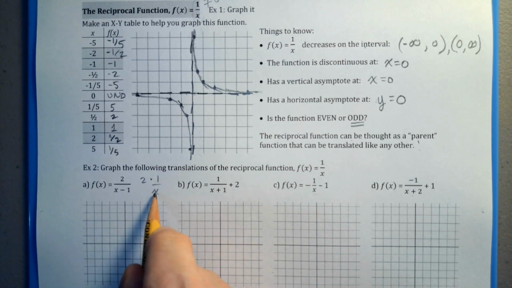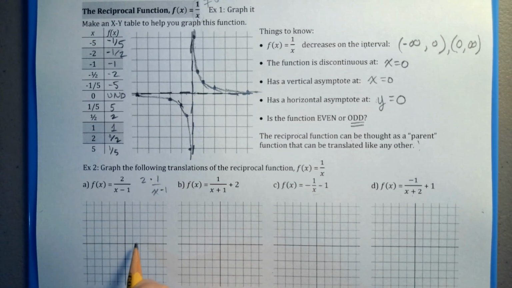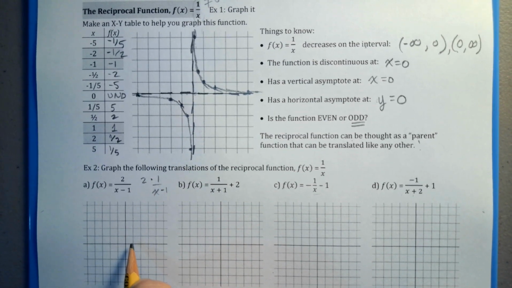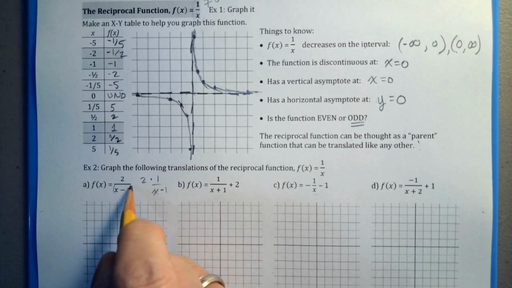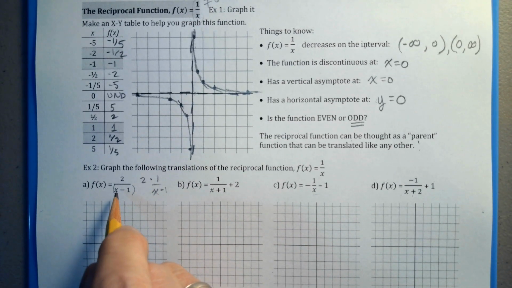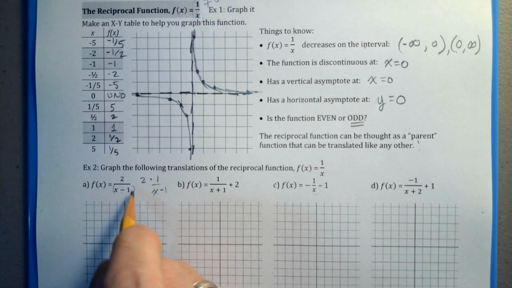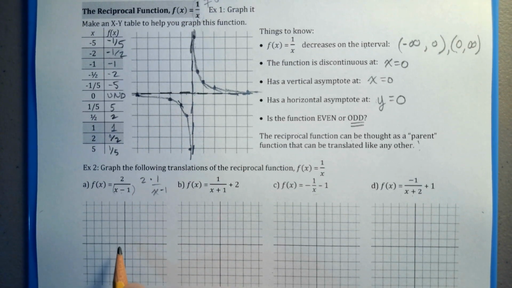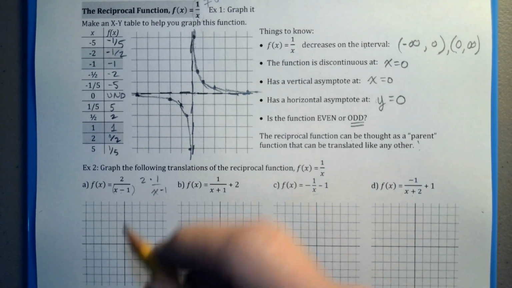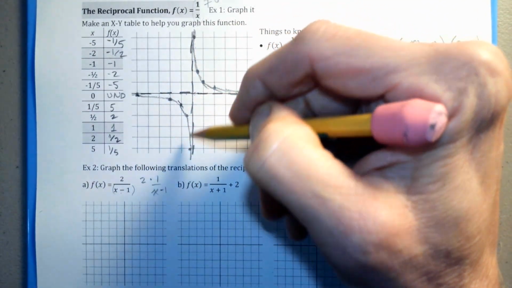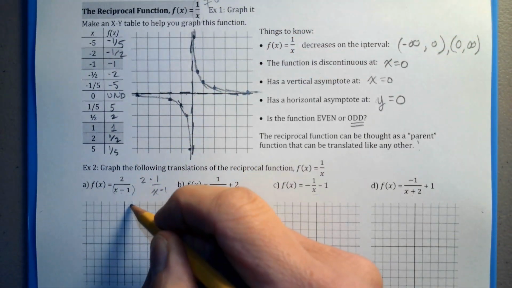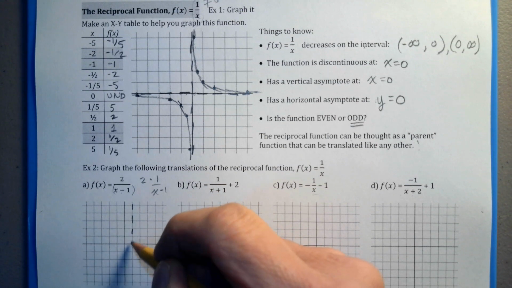And then this minus 1, that's a transformation. That's going to shift it. Remember, if we thought of it almost like a parentheses here, instead of x, we're putting in x minus 1. That shifts it in the opposite direction to what you think. So instead of the asymptote being at 0, it shifts over to the right one.